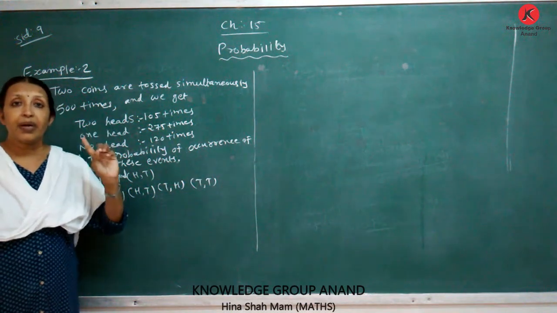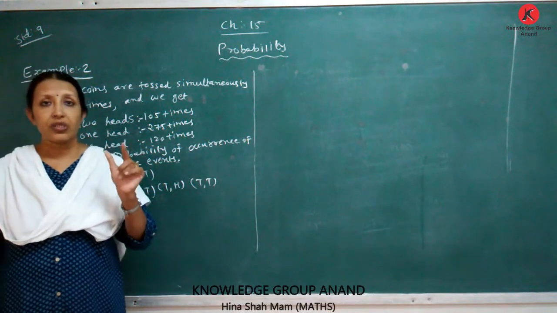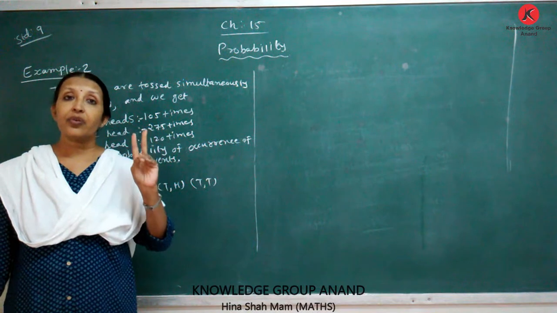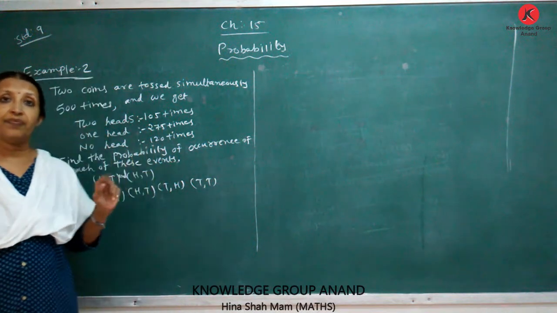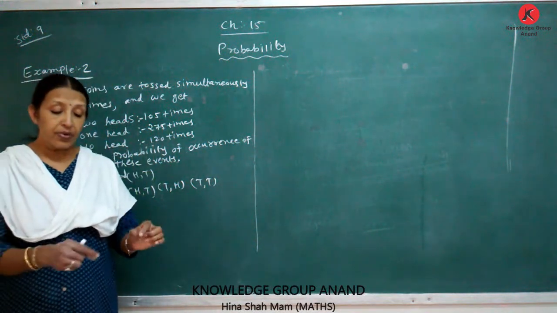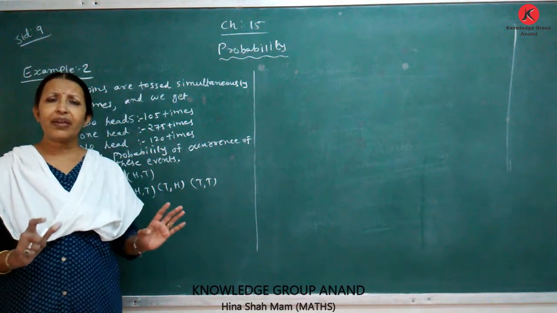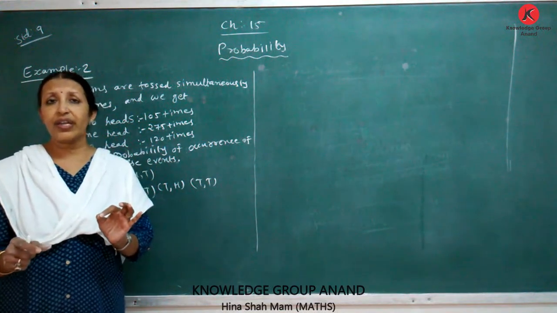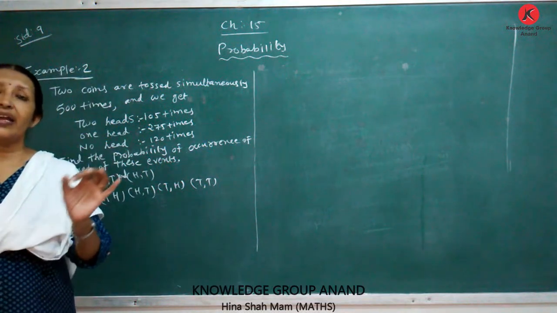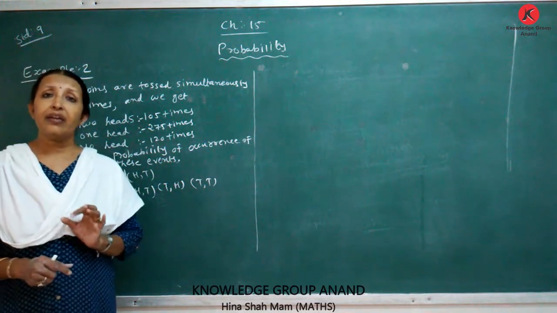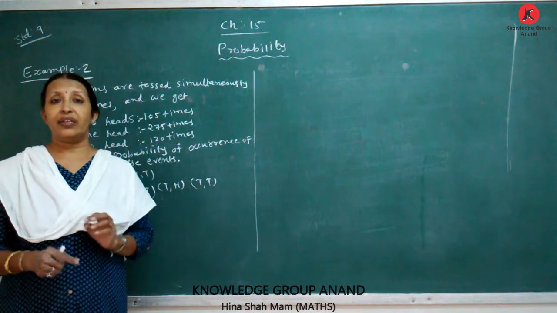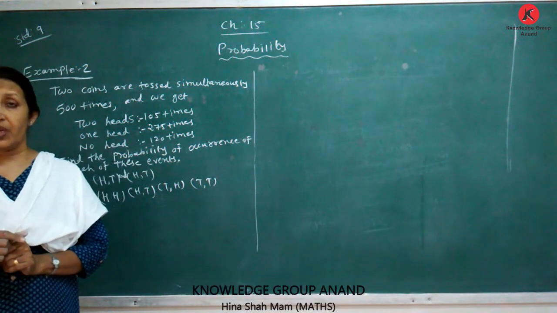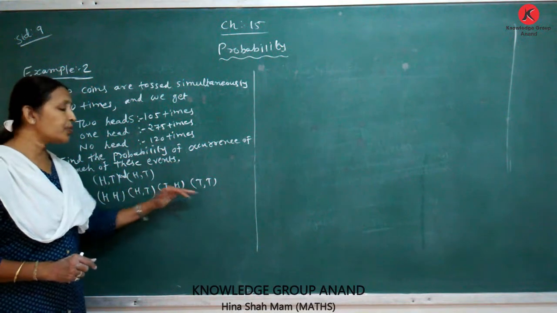Then remember, we toss 2 coins and get the total trials. Suppose we toss 1 time. On the first coin we get head and on the second coin also head. Total outcomes how many? 1, 2, 3, 4.